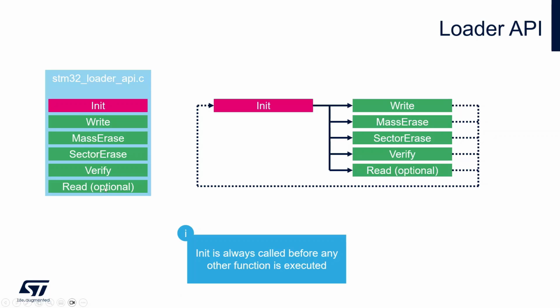In our case, there is no read. And how it is done, it is usually called the init. It must call the init, so there is usually the reset of the memory, the initialization of the memory, and then it calls one of these functions. There is the write, mass erase, sector erase, verify, read, and then again it goes to the init, and then it again can choose a different function.